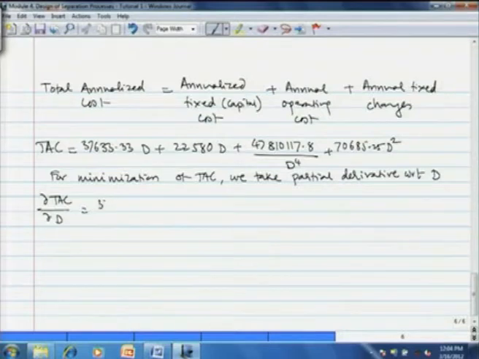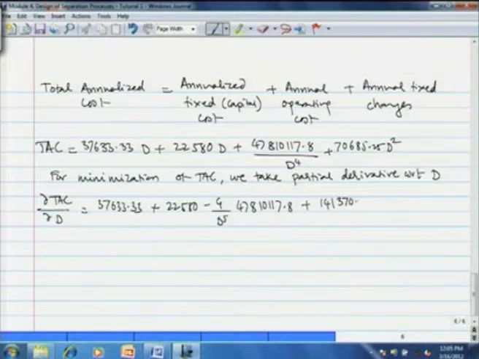So, this turns out to be 37633.3 plus 22580 minus 4 by D raised to 5 into 47810117.8 plus 141,370.5 into D, and this we have to equate to 0.